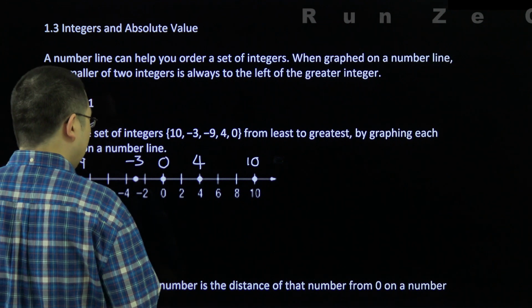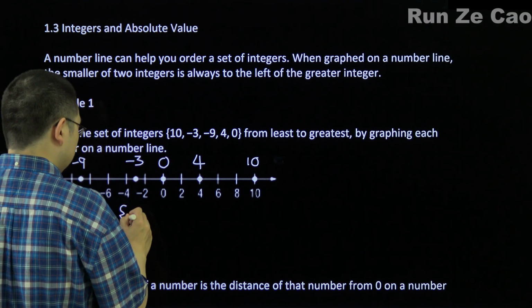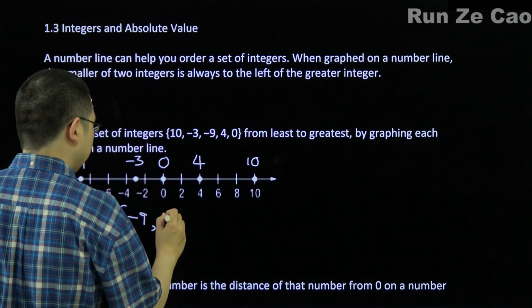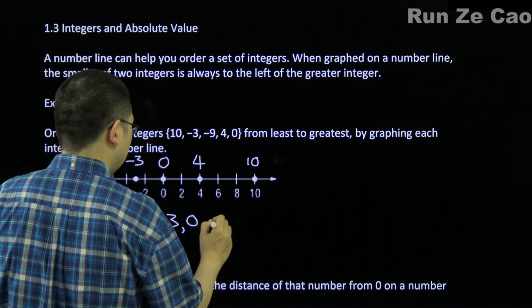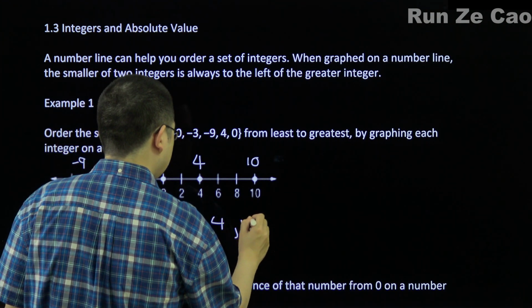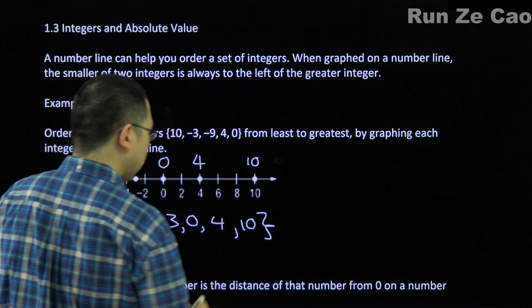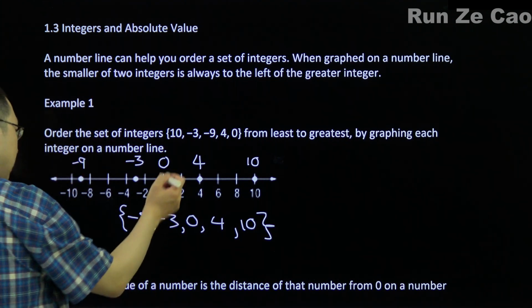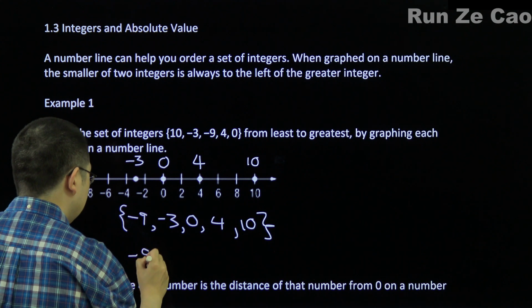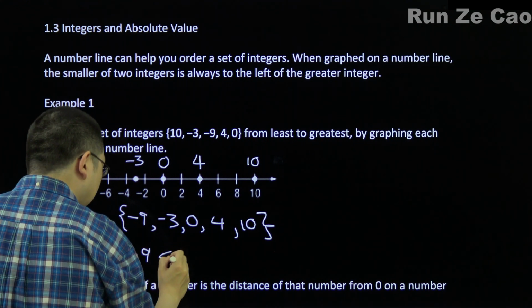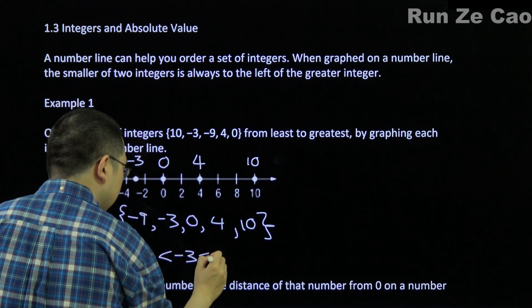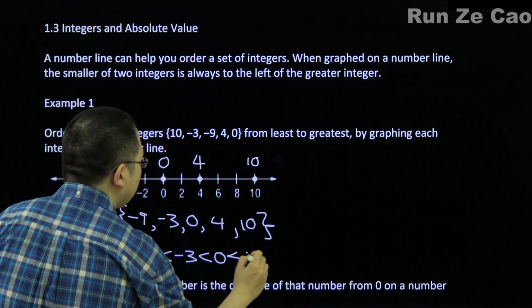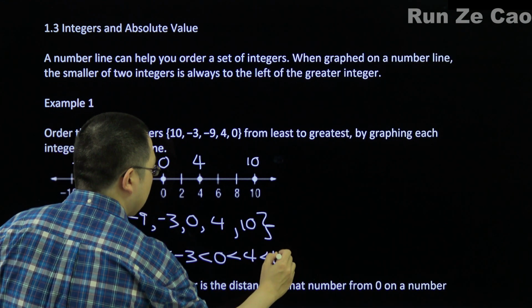You can also write them in that order. So -9, -3, 0, 4, 10. Or you can write this with -9 is less than -3 is less than 0 is less than 4 is less than 10.